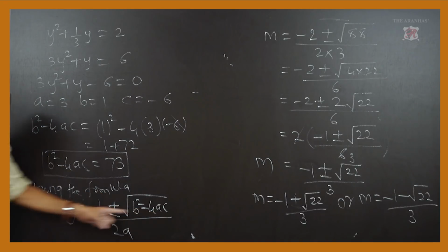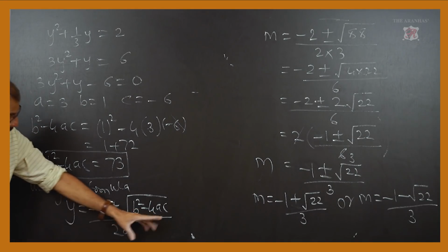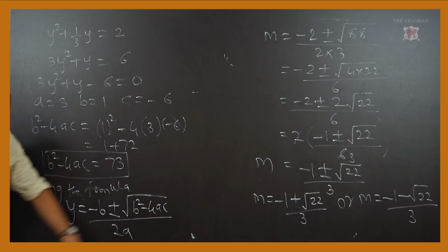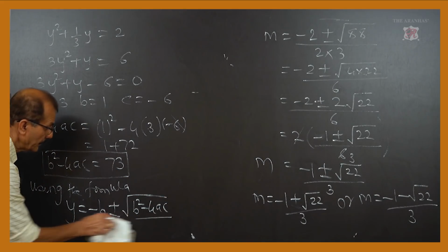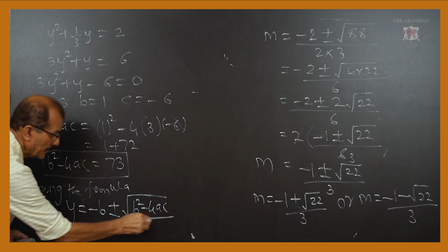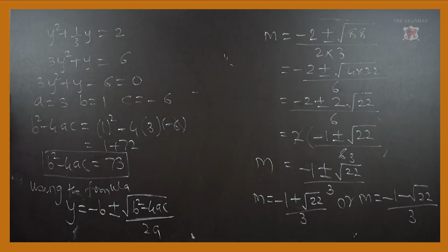It should be the whole thing divided. Sometimes what happens, children only write up till here, they write like this. This is wrong. It should be complete, the entire thing divided by 2a.